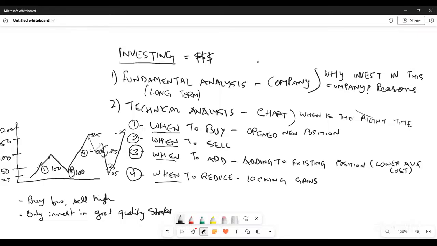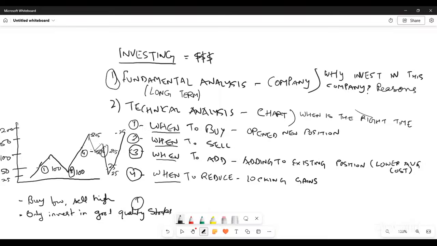And I have just told you how you check for good quality stocks: look at their fundamentals. So when we talk about quality, this is fundamentals. This was number 1, this number 1 here.